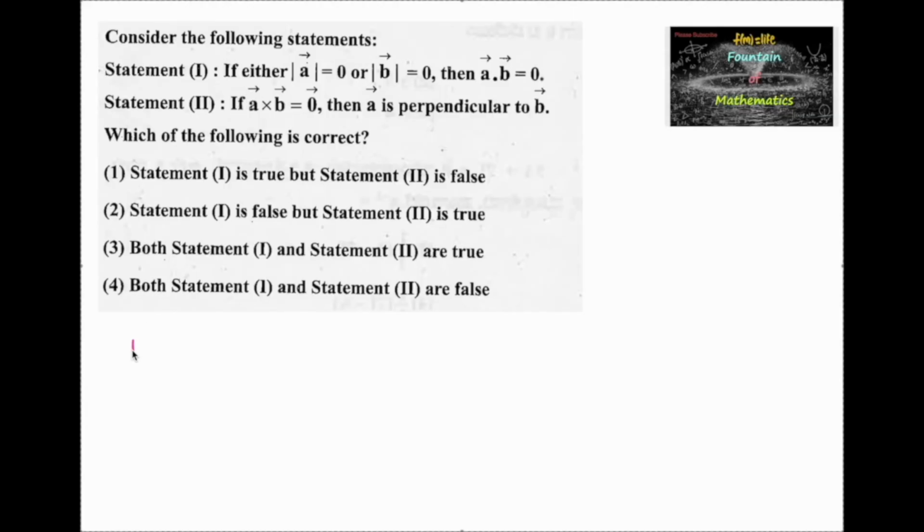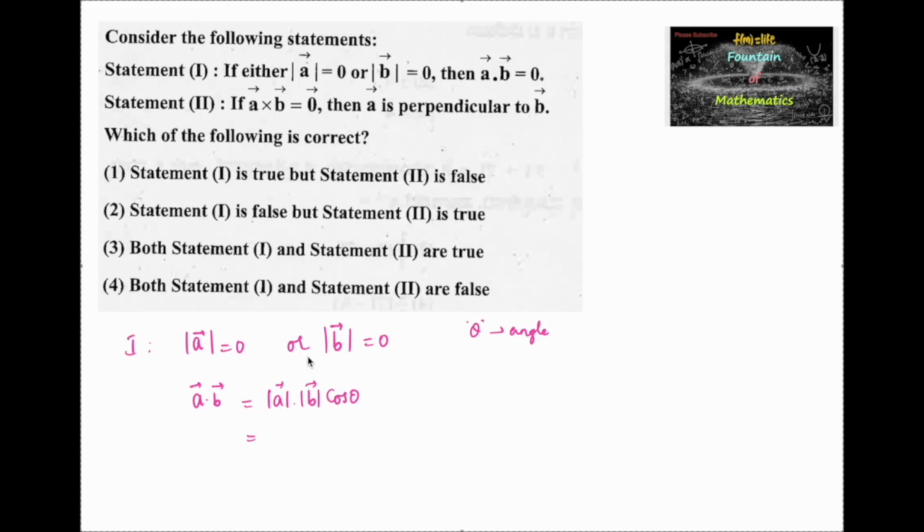Given in the statement 1, either the mod of vector A is 0 or mod of vector B is 0. Then if we consider the dot product and if theta is the angle between them, then we can write mod A mod B cos of the angle between them.